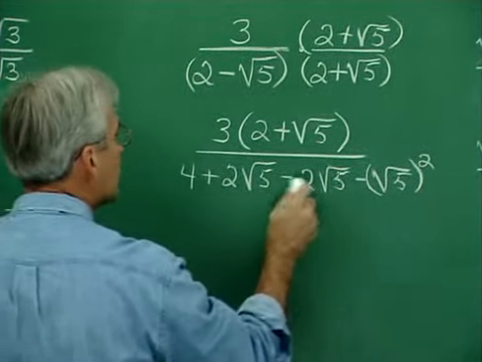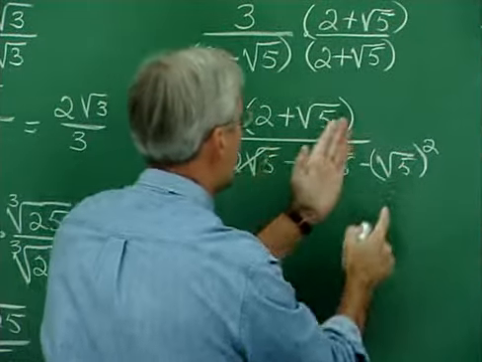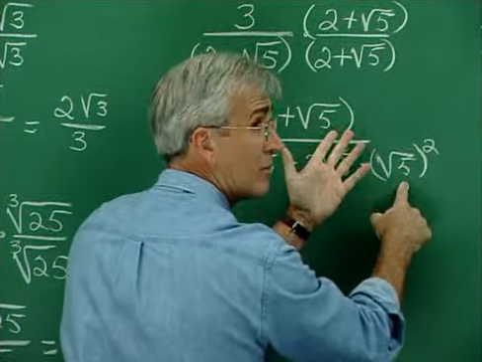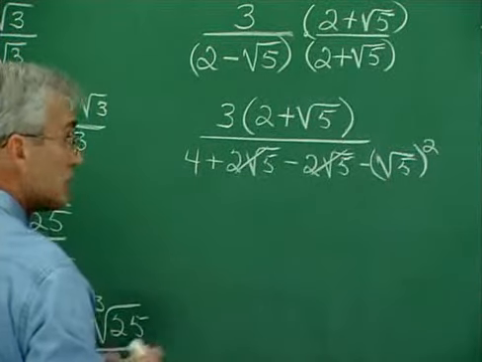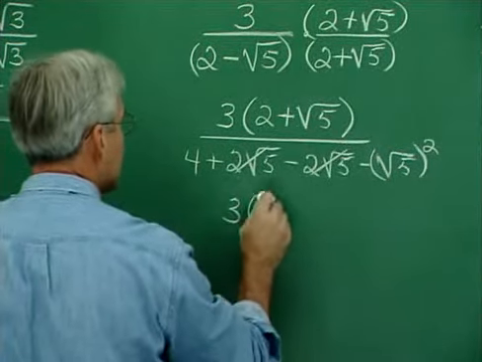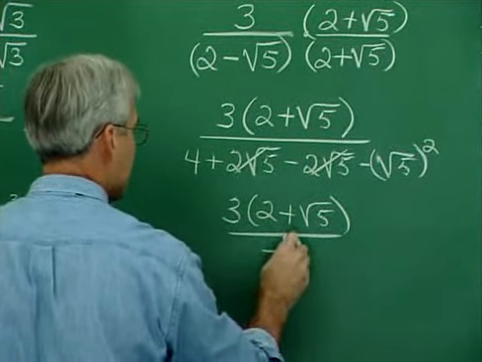But at any rate, the 2 root 5 minus 2 root 5 go out, and we have 4 minus, well, remember, this part, root 5 squared, is simply 5, so this is minus 5. So we have 4 minus 5, which is negative 1. So we have 3 times 2 plus the square root of 5 over negative 1.